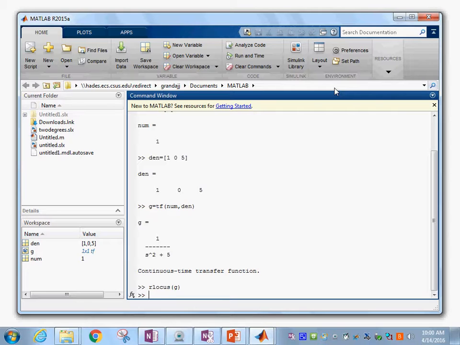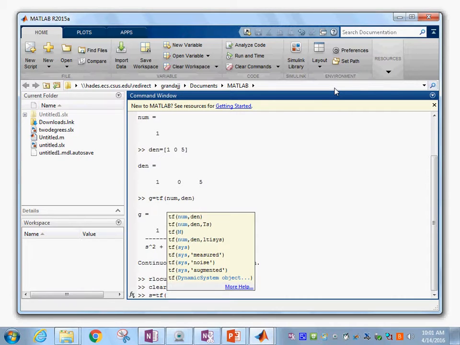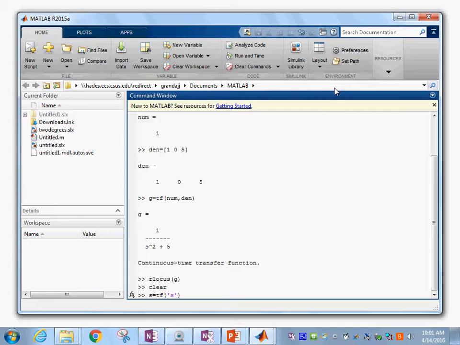We're going to do something a little different here. We're going to say that S is, well, first of all, let's clear all variables here. So let's clear all variables, and then we're going to say S is equal to the transfer function of S. Let me see if this is correct.